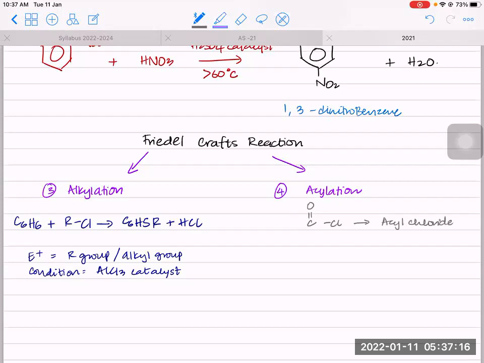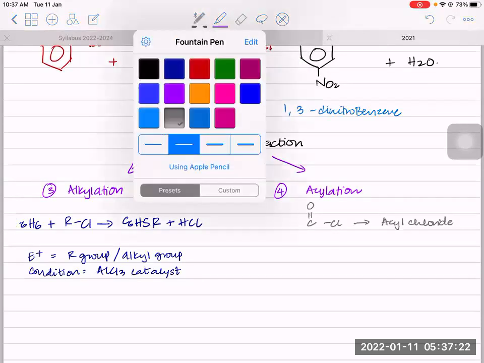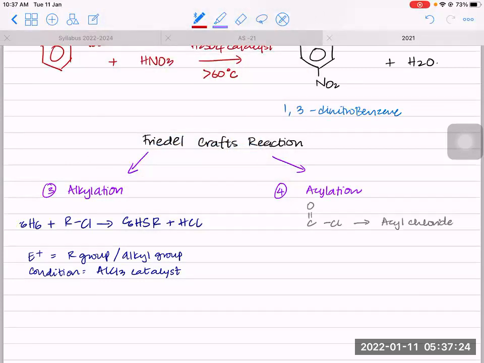So this is what we got to substitute now. Yeah. So you have C6H6. Now, for acyl chloride, again, we will take RCl, where R is the acyl group.